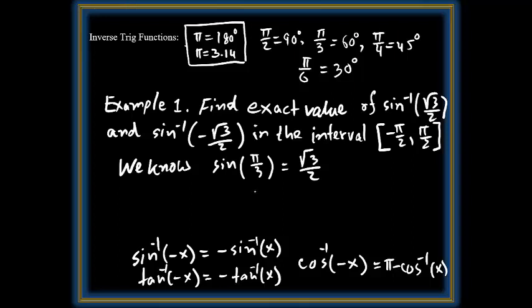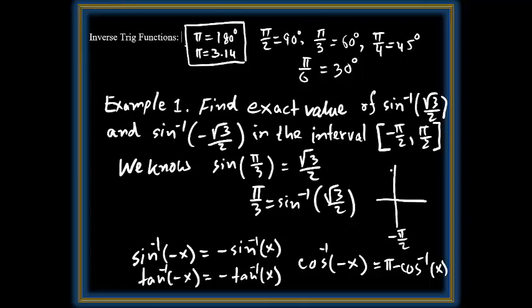So then immediately you can say pi by 3 is sine inverse radical 3 over 2, and we can confirm this result. You have negative pi by 2 here, positive pi by 2 is here. So you are looking for angles in the fourth quadrant and first quadrant, because we are going in the positive direction. When you have pi by 3, it's 60 degrees, so it's here. So we are done with this.